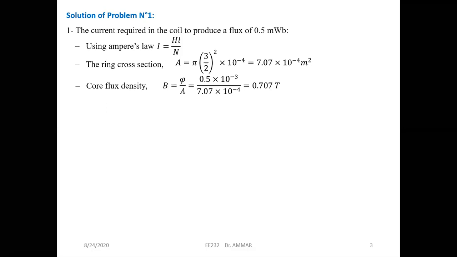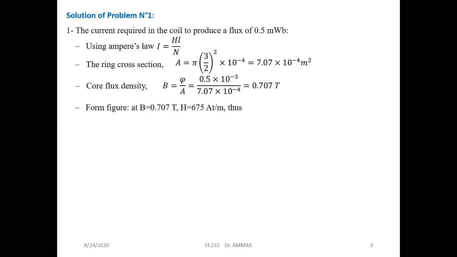And the cross section here is circular, because we have a ring with a diameter. We found it from pi times (3 over 2) squared. And the value of core density is 0.707 Tesla.